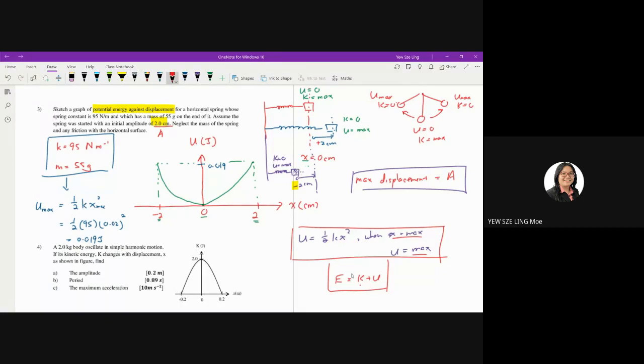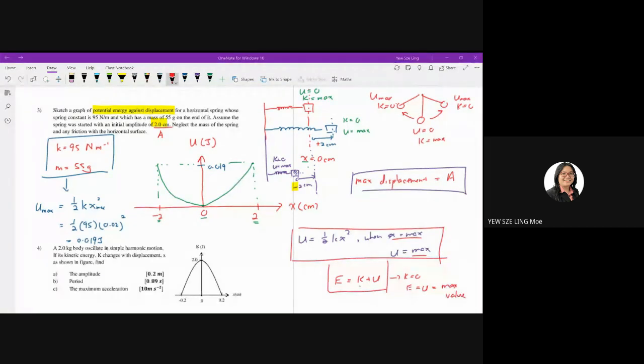If you look at it in terms of conservation of energy, your U would be maximum. Because when K equals 0, E is equal to U, which is equal to the max energy. So, boleh faham? Okay tak? Faham, madam. Thank you. Okay, good.